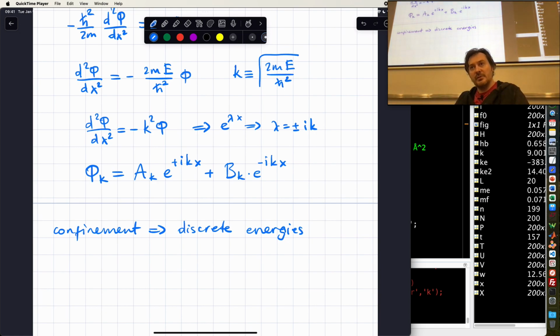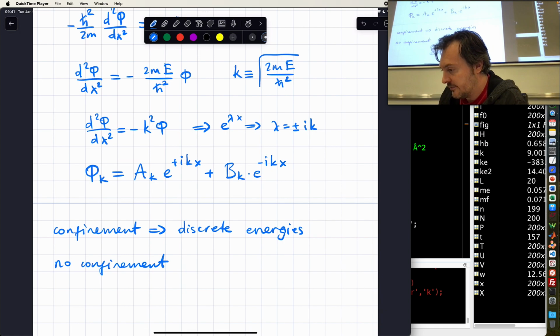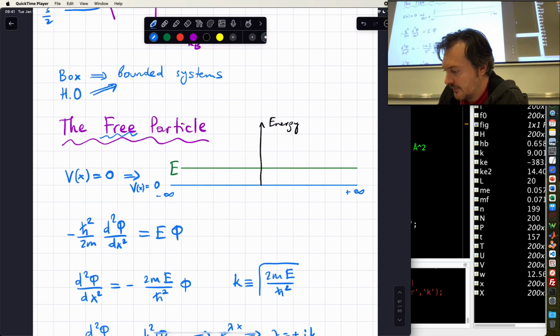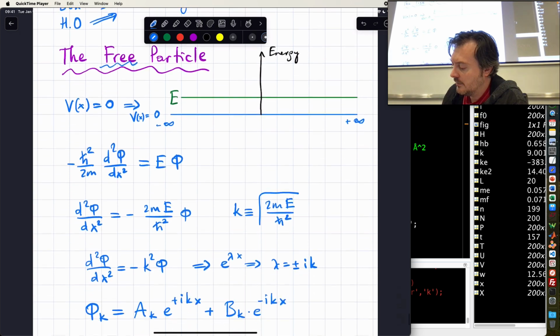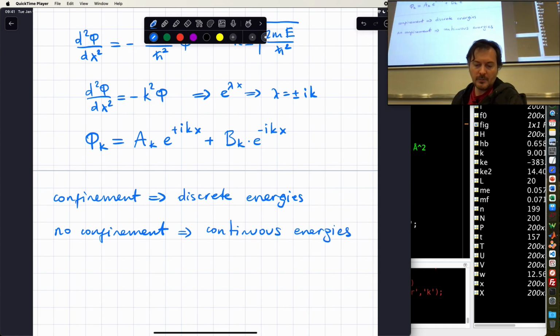The more confinement, the more pronounced is the discreteness. Now, if you have no confinement, just like a free particle, it's free for a reason. It has no bounds on it. No confinement, continuous energies. Right?